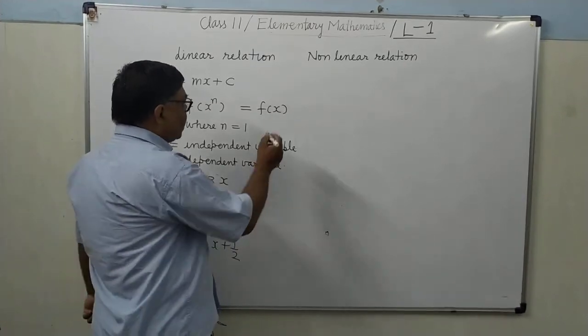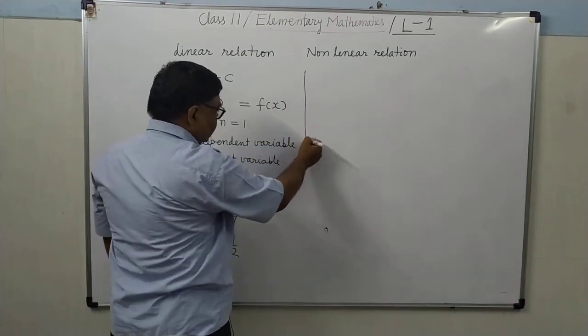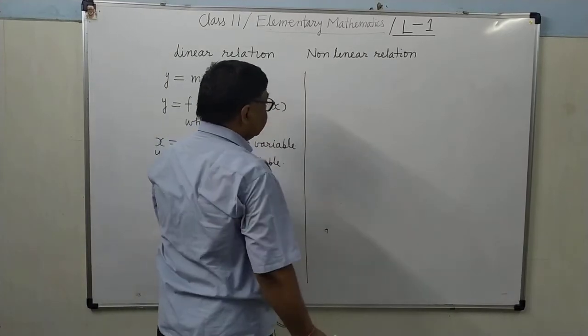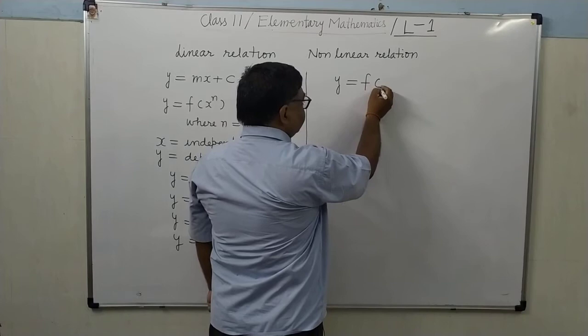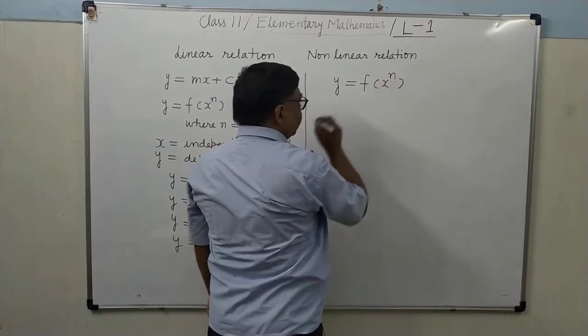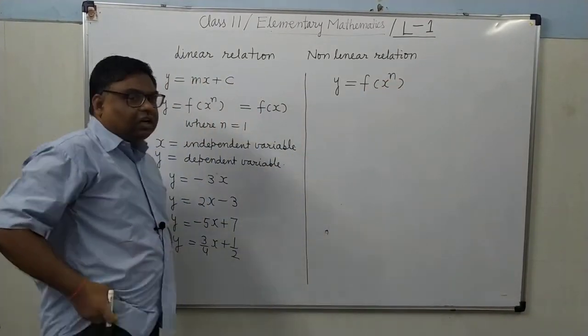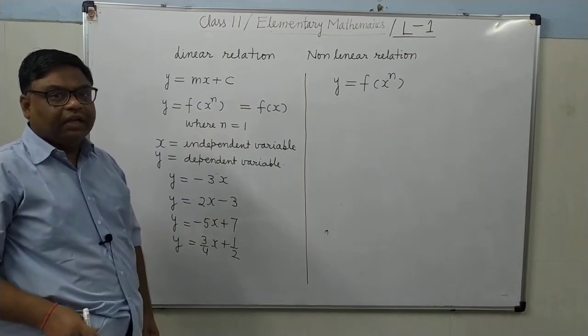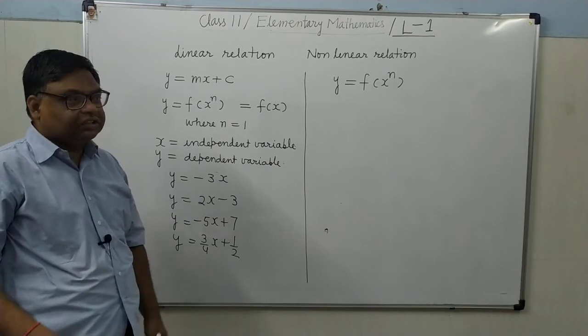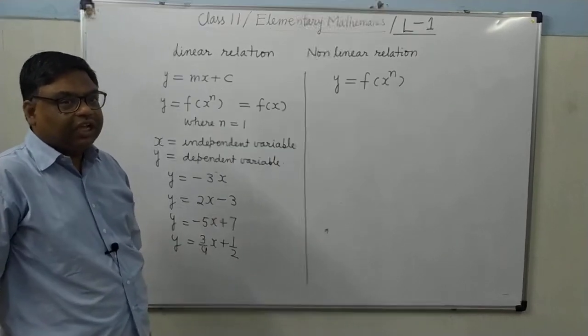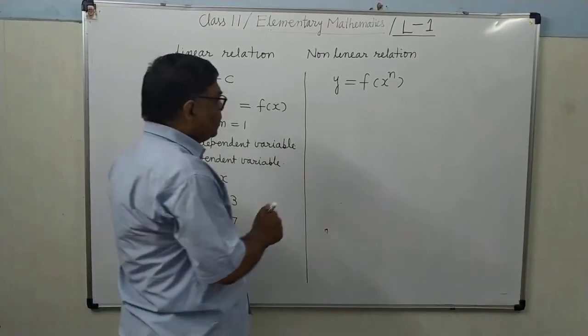Now, what is the non-linear relation? Non-linear relation will be y is a function of x to the power n, means y depends upon an algebraic expression consisting of the terms x to the power n. And what is n?